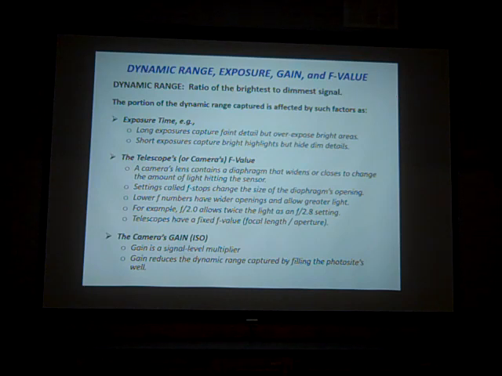For example, an f-stop that has a lower number corresponds to a broader opening of this diaphragm, allowing more light in. For example, an f2.0 will allow twice as much light as an f2.8. The next f-stop is an f4. An f2.8 allows twice as much light as an f4.